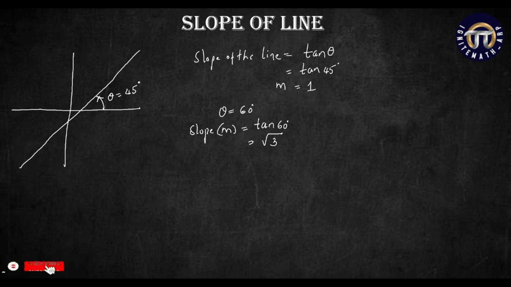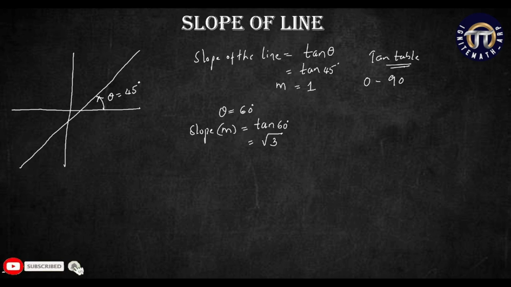Now the question arises, if theta is obtuse, how can I find out the slope? You know how to use the natural tangent table. If you observe the natural tangent table, we can measure the values ranging from 0 to 90 using a natural tan table. Clear, children?